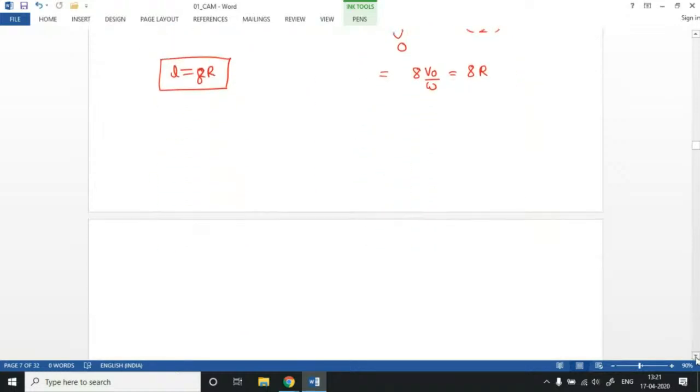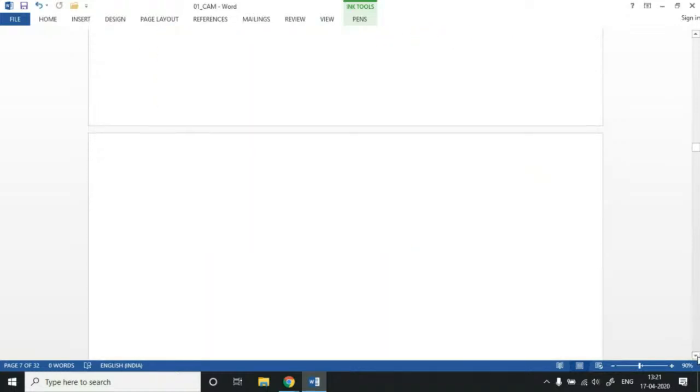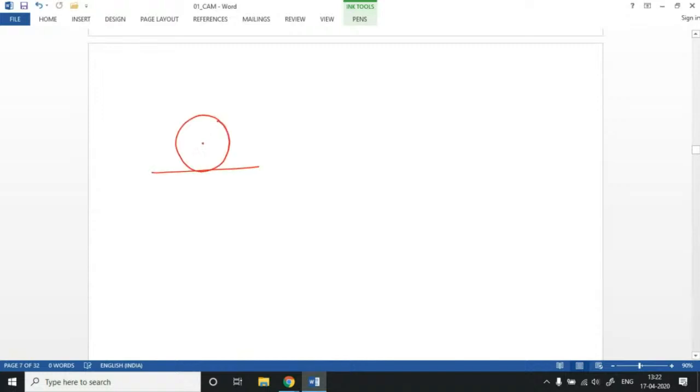So let's proceed with the kinematics of the rolling here also. So we have already learned that if this horizontal surface is stationary, and the velocity of its center is v naught, and it is moving with omega, so v naught is equal to r omega. We have already understood.